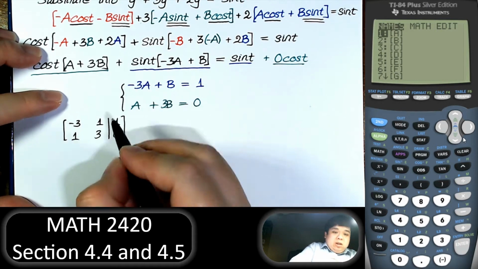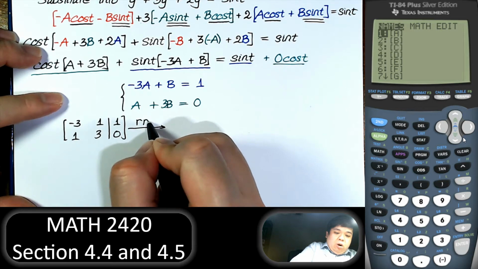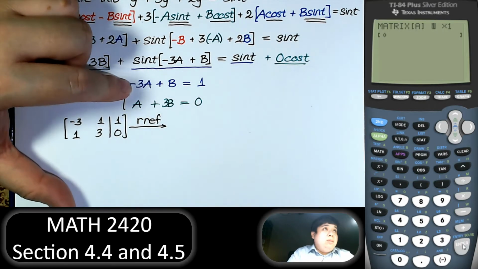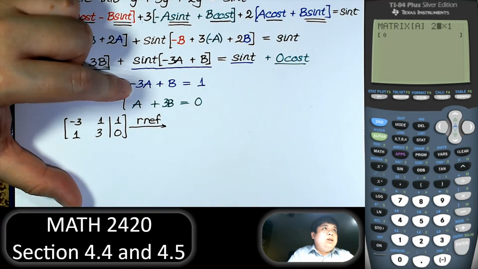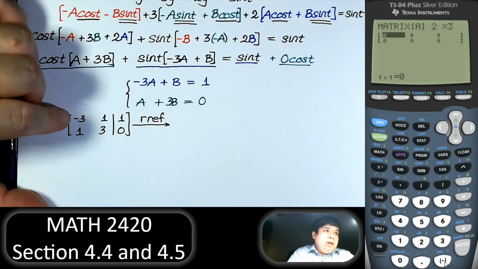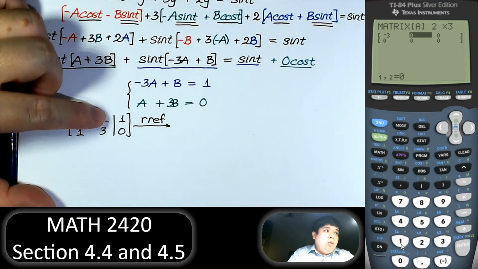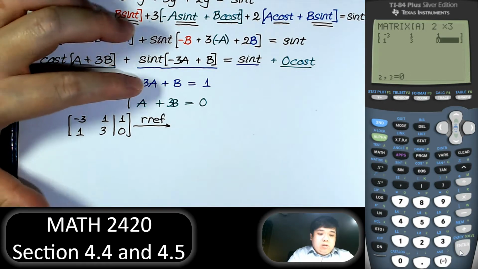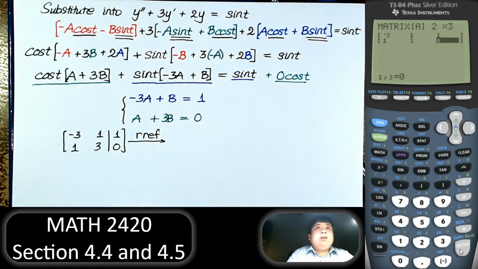So second matrix, go to edit, hit enter, and now we enter the matrix 2 by 3. Right, negative 3, enter, 1, 1, 1, 3, and 0. So pretty much we enter the coefficients and the constant on the other side.